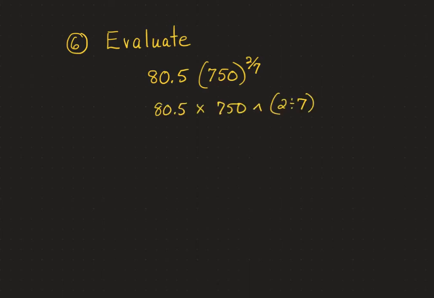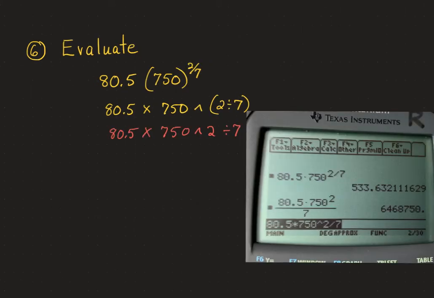But when I am plugging this into the calculator, I'm going to have to be careful. If I do not put parentheses around that 2 divided by 7, my 2/7 exponent, the calculator will return a very different answer. Let me show you what happens. First, if I put it in correctly with the parentheses in place around the 2/7, and then if I do not put any parentheses around that.